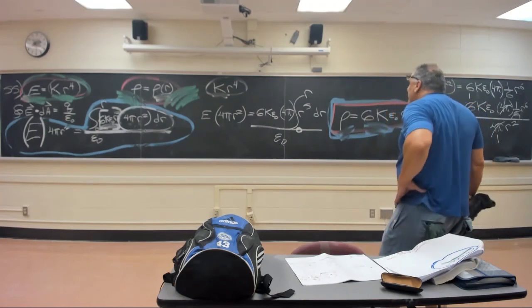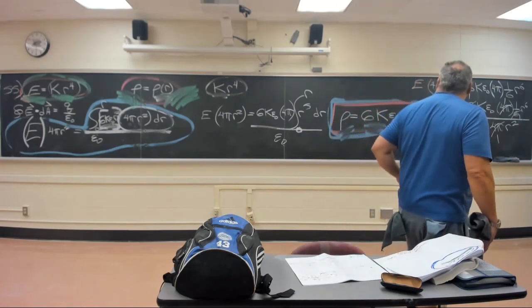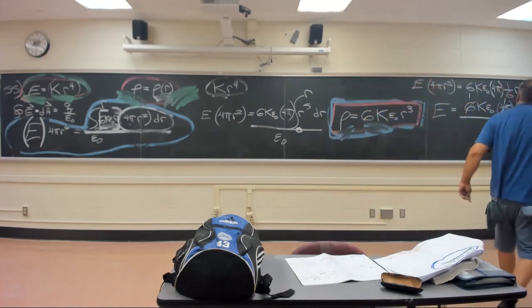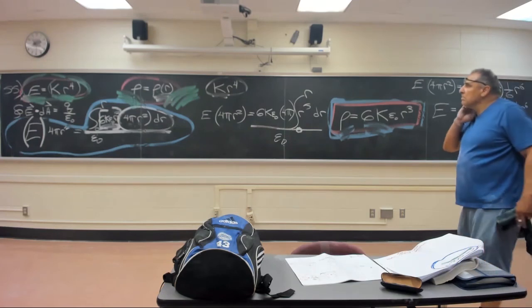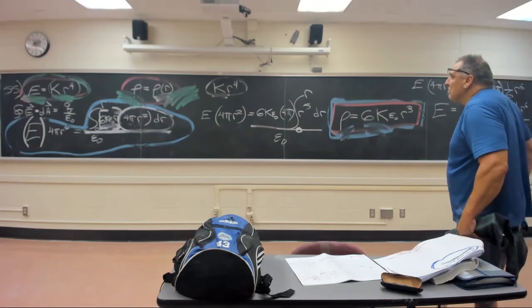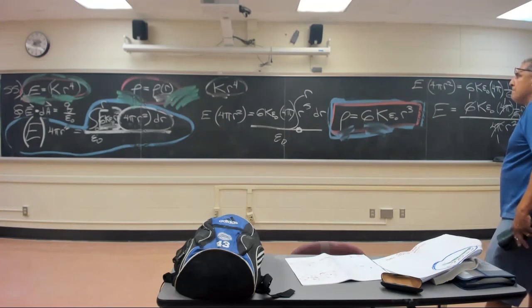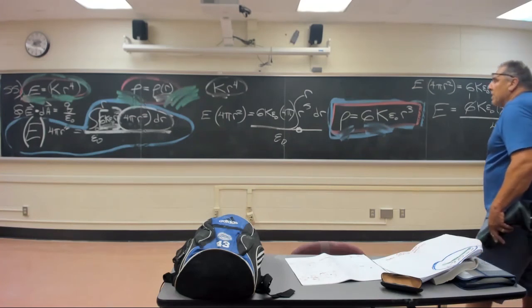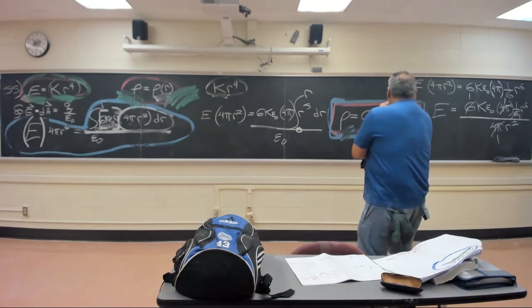For some reason, guys, I'm just trying to think what is going on here. 6 r squared, r to the 4th. There's got to be something else here, guys.